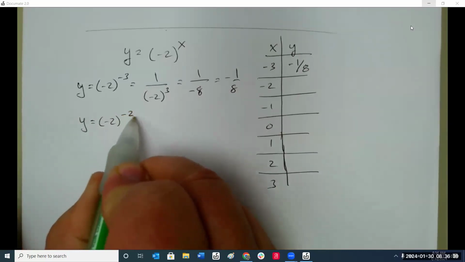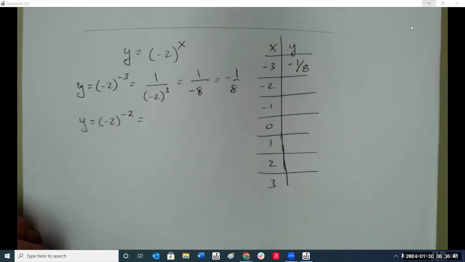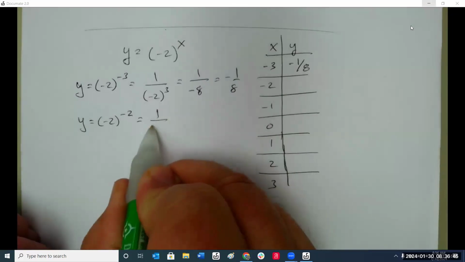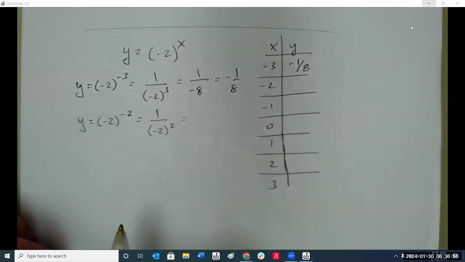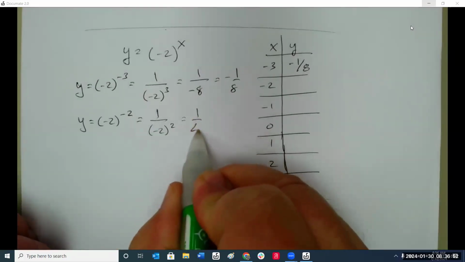At -2, what do we get? What is -2 squared? It's a +4.